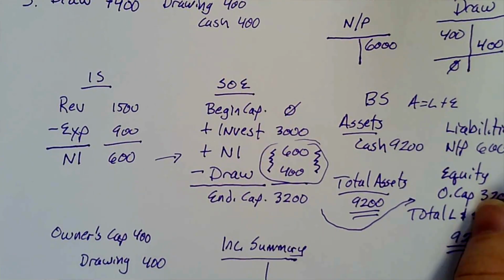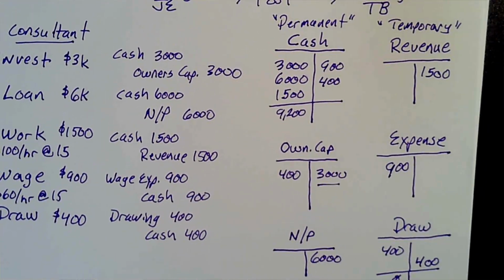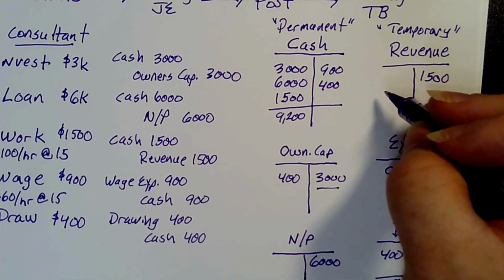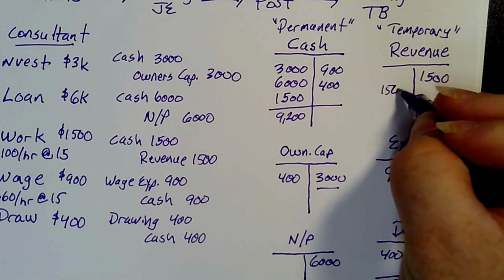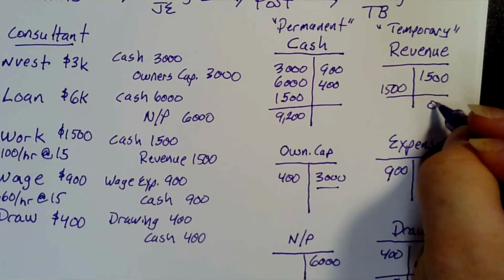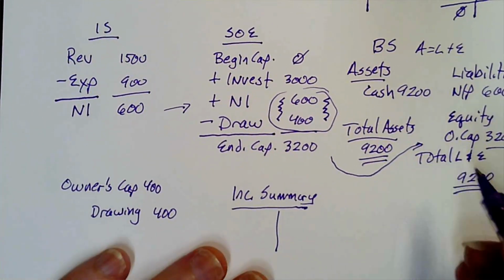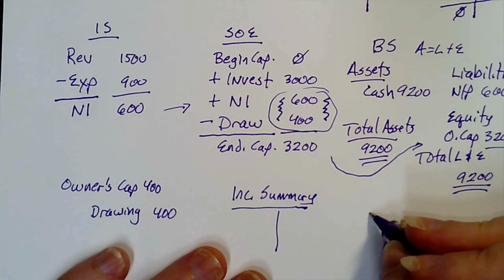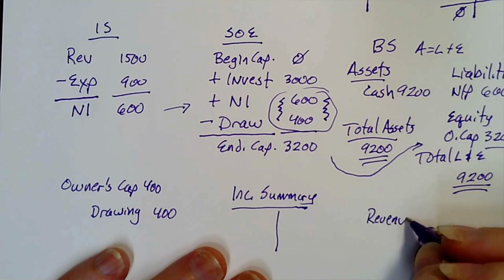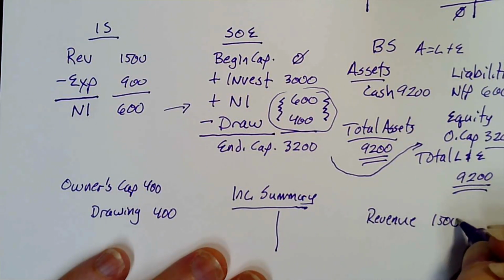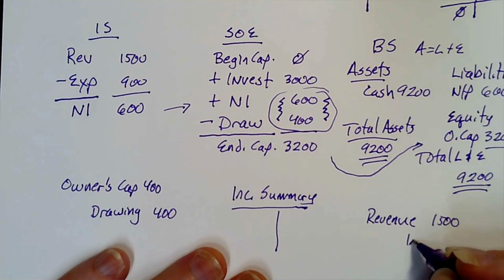So if I go up here to revenue, if I want to make revenue zero, I'm going to debit it, and that's going to make it zero. And the thing that we do with the journal entry is I said debit revenue to make it zero, and I'm going to put it in the income summary.